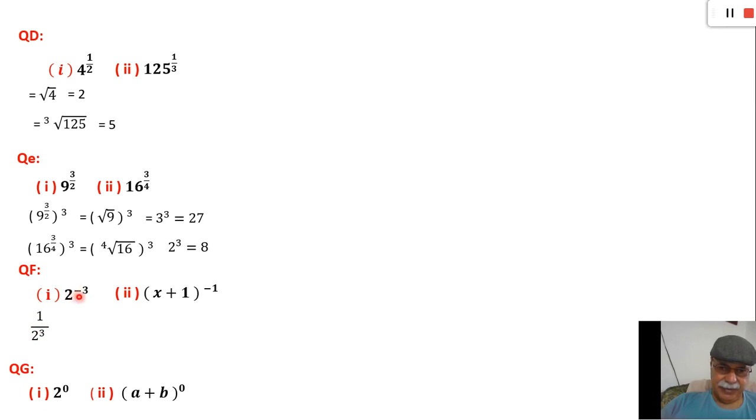Any minus power means a fraction line. The minus is a fraction line, the numerator is 1, and the denominator is the number that comes after, which is 3. So 1 over 2 cubed is 1 over 8. This simplifies to 3. This is 2 times 2 times 2, which is 8.